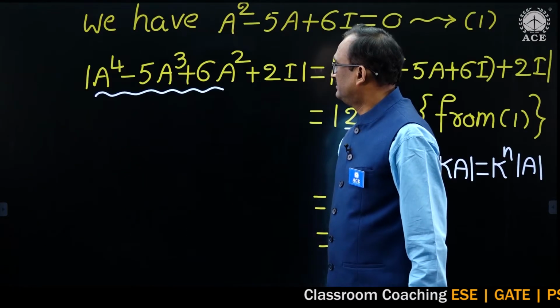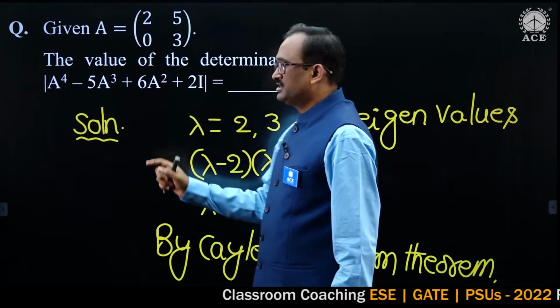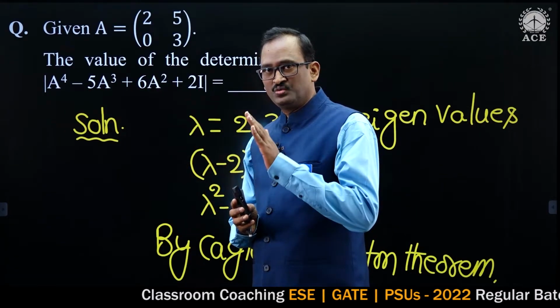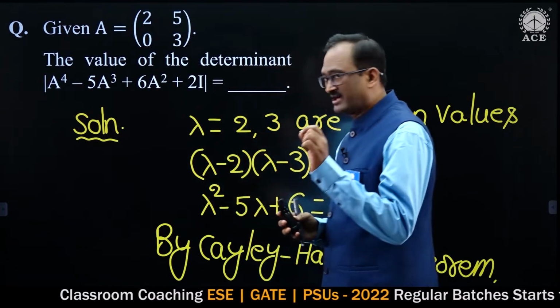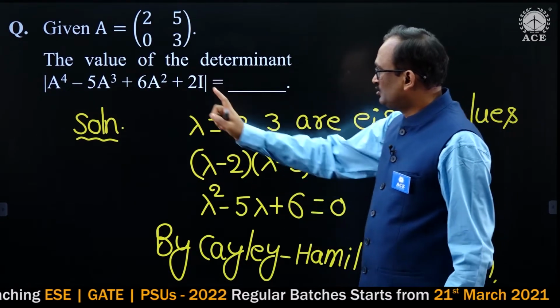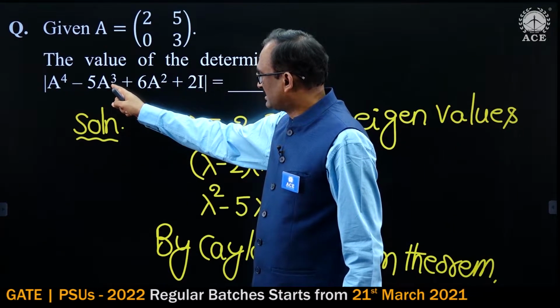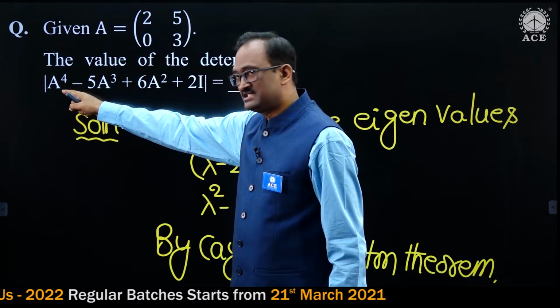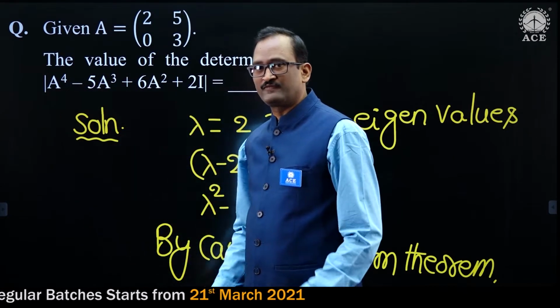Moreover, if lambda is an eigenvalue of matrix A, then lambda square is an eigenvalue of matrix A square, lambda cube is an eigenvalue of matrix A cube, lambda power 4 is an eigenvalue of matrix A power 4.